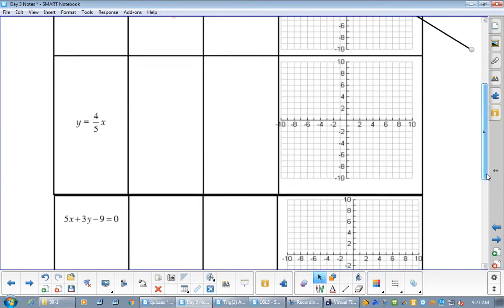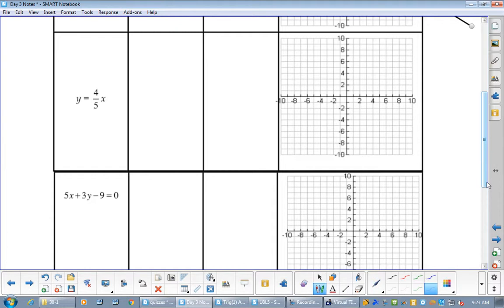Uh-oh. This is not good. Yep. It is. Is there a plus 0 here? Yes, there is. It's imaginary. Okay. And then what are we doing? Up 4, 1, 2, 3, 4, and right 5, 1, 2, 3, 4, 5.